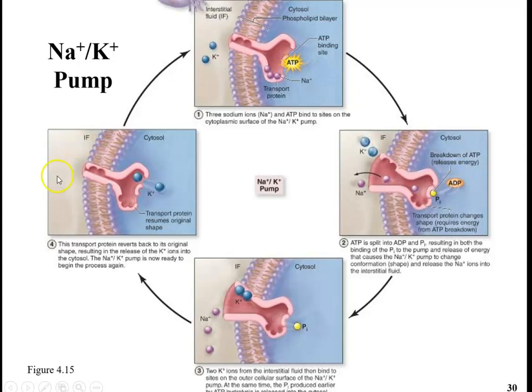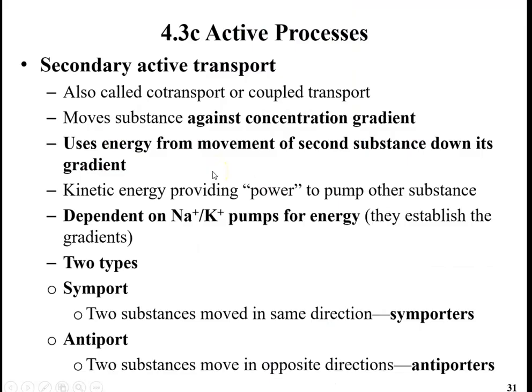And normally there's a lot of sodium outside of the cell and not so much inside of the cell. So what you've done is you've moved sodium from inside of the cell where it's a low concentration to outside of the cell where it's a higher concentration. So you've moved it against its concentration gradient. Same thing with potassium. You've moved it from an area of low concentration to an area of high concentration. So that's moving it against its gradient.